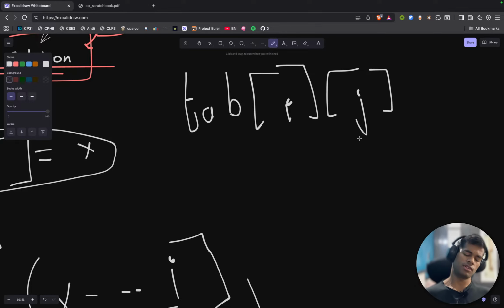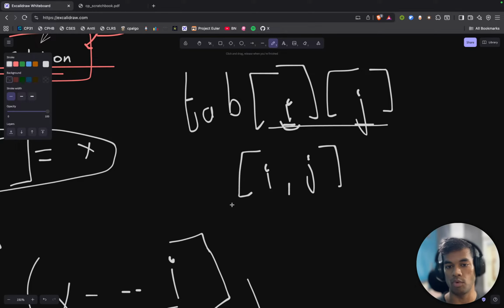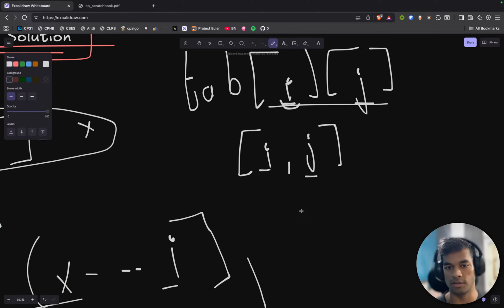Tab ij will give us the minimum cost of multiplying these matrices, the minimum number of scalar multiplications we need to perform when our matrix range is i to j, and both i and j are included.